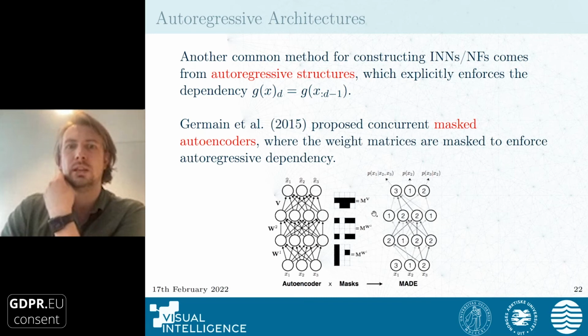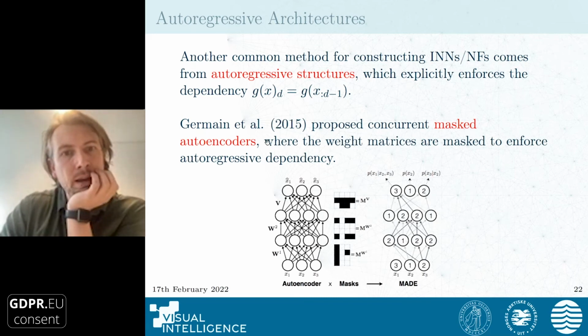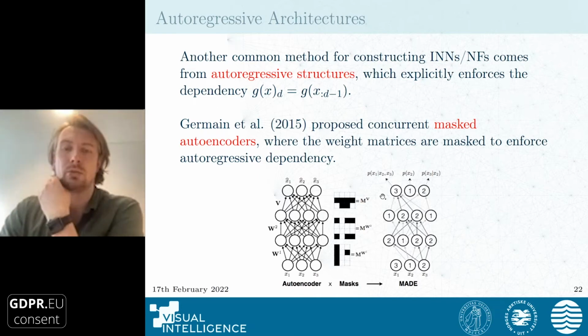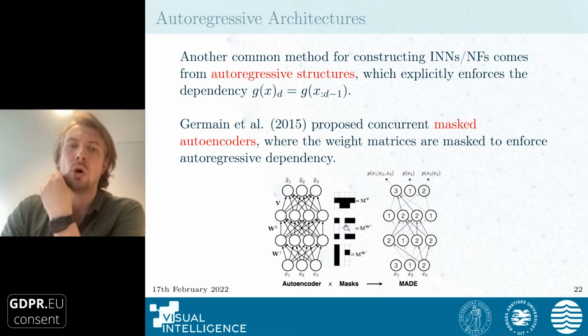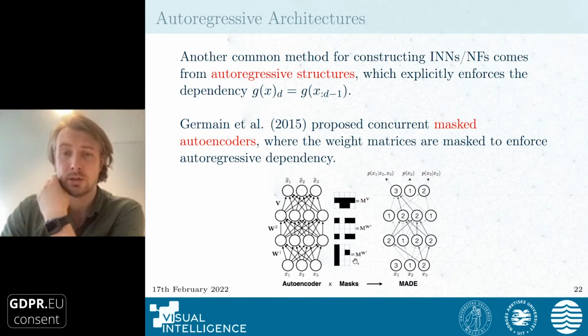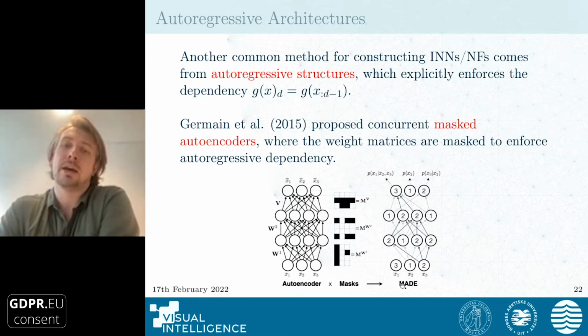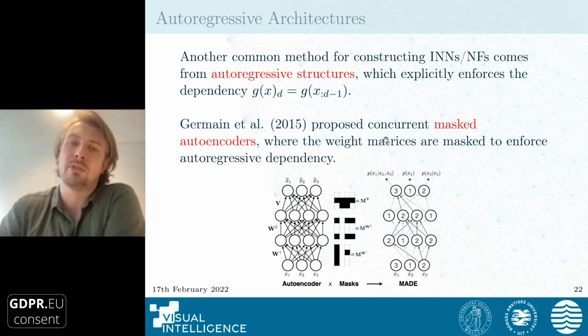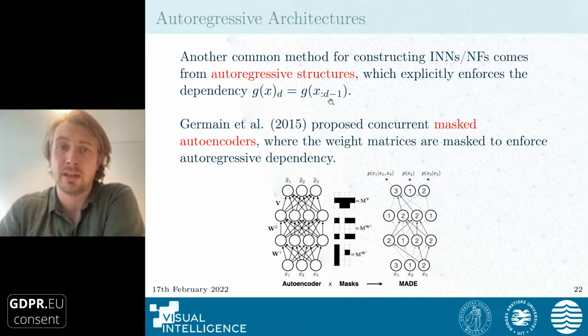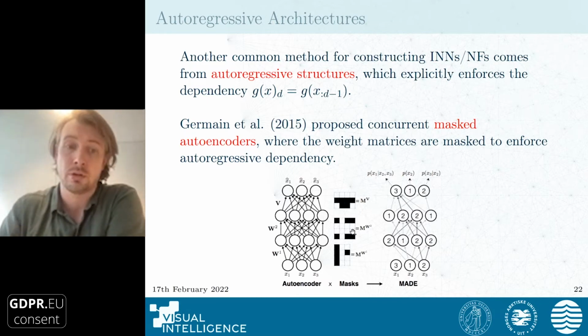In 2015, Germain et al. proposed doing this in a concurrent way with masked autoencoders, where you sample a binary mask for each weight in the network, according to some criteria, so it preserves the autoregressive property. So you basically preserve this dependency, which means that you can invert your architecture.